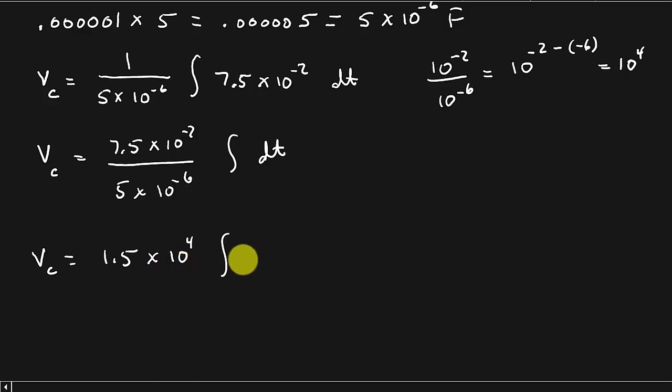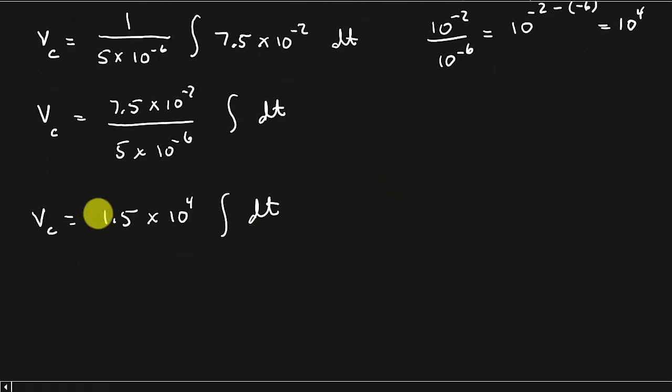So that's times 10 to the 4th, times the integral dt. Okay, so that's a little nicer. If you want, you can put it in parentheses to remind yourself that that's just one term. And so we got VC is equal to 1.5 times 10 to the 4th times t.